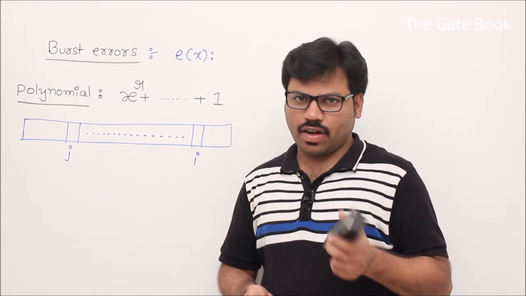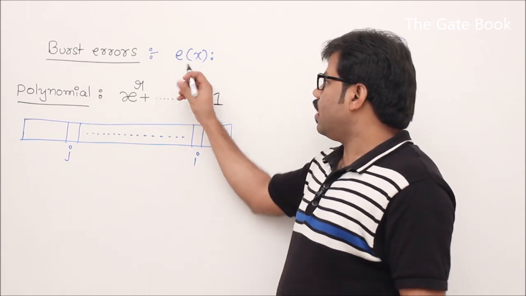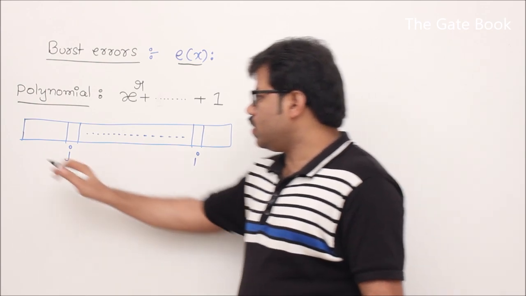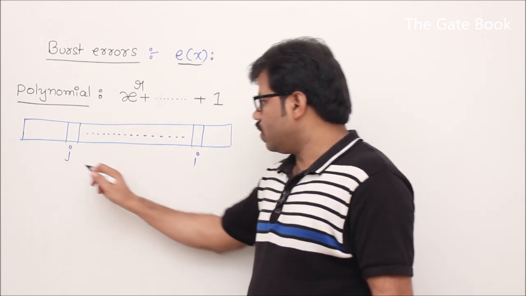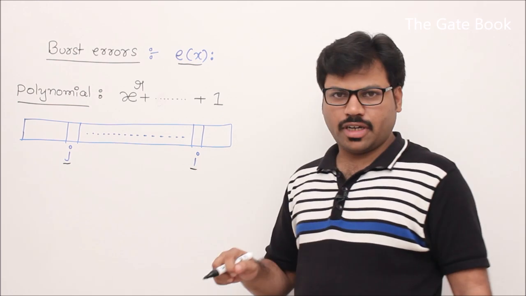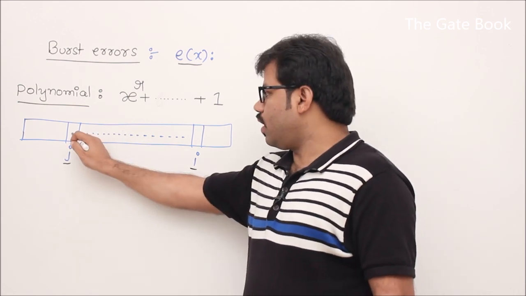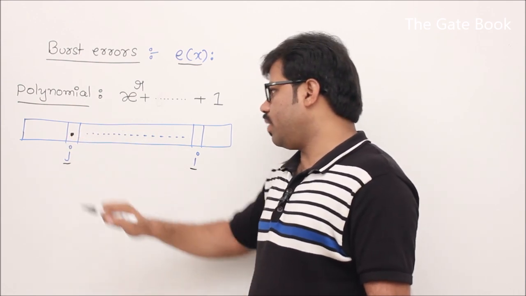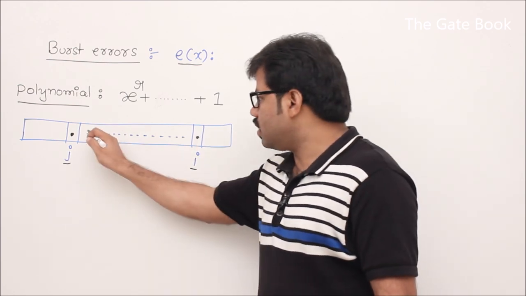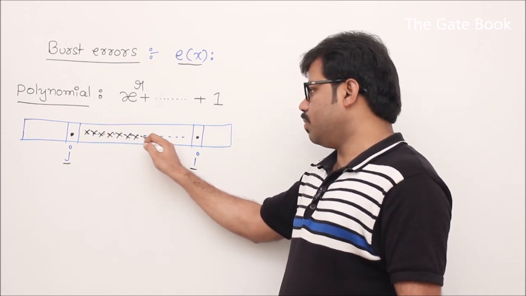We'll see how to design a polynomial so that burst errors can be caught easily. Let's say the burst error is e of x. We will see what the pattern of a burst error is first of all. This is your input. Now this is the starting point of the burst and this is the ending point of the burst. According to the burst error, definitely this bit is going to be corrupted, and this bit is going to be corrupted, then only we say it is a burst. But the intermediate bits may or may not be corrupted, still we say it's a burst, correct?